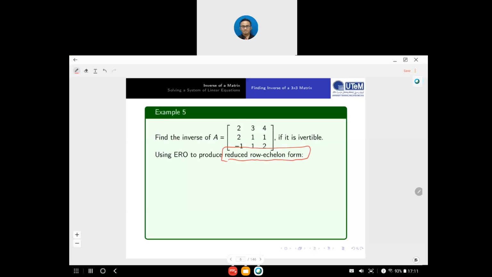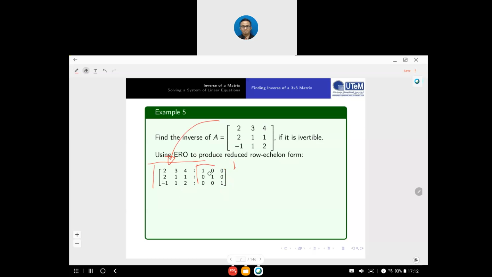The diagonal must be 1, and at the end you get the identity matrix. So first you must write it as an augmented matrix, which has matrix A on the left hand side and the identity matrix on the right hand side.